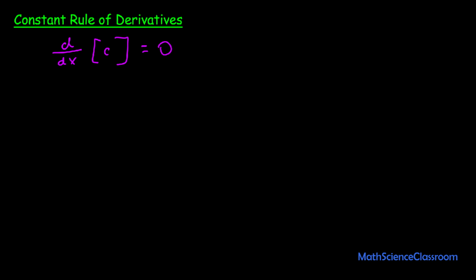Let's do another. What is the derivative of 3? So what is the derivative of 3? 0. Why? Because 3 is a constant, and the derivative of any constant is 0.